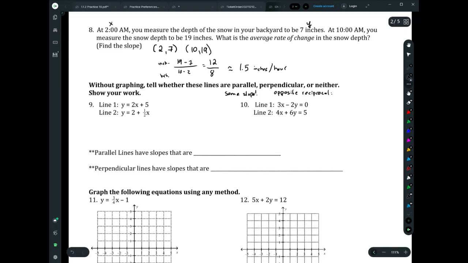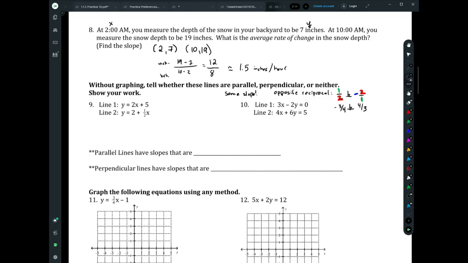Opposite reciprocal slopes are things like 1/2, and we say it's perpendicular to -2. So this is what I mean by reciprocals. And you also need to have the opposite, one positive, one negative. Another example, say we had -3/4.